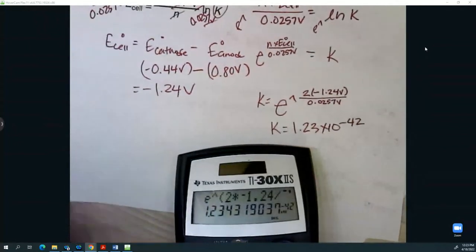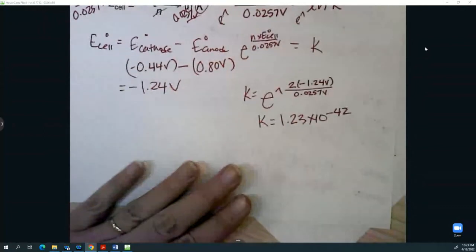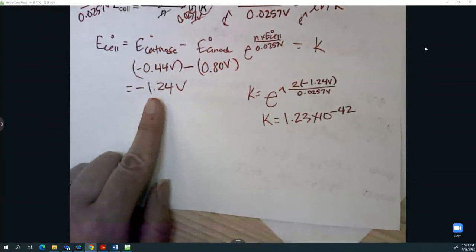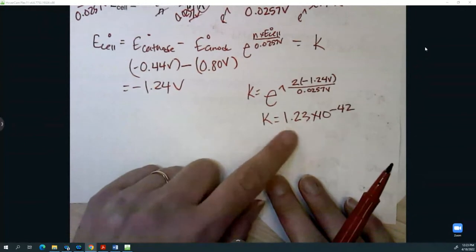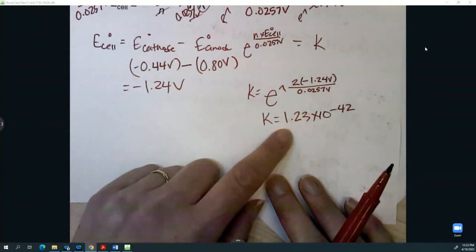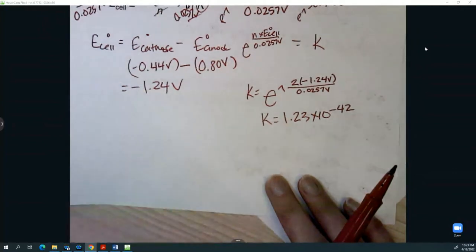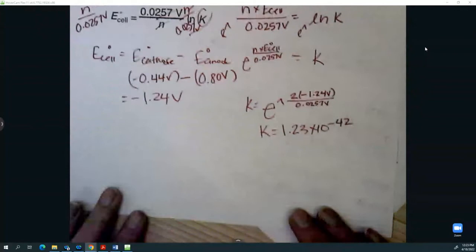That gives 10 to the negative 42. It is super tiny. As I would expect, it's super not spontaneous, right? So I would expect the amount of product would be very small, and the product is what goes on top. And so a small numerator makes a small number. And since I don't expect it to be spontaneous, that's exactly what I anticipate. So it looks about like I would expect.